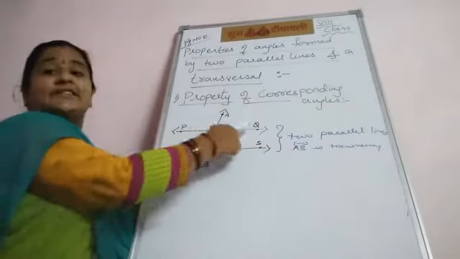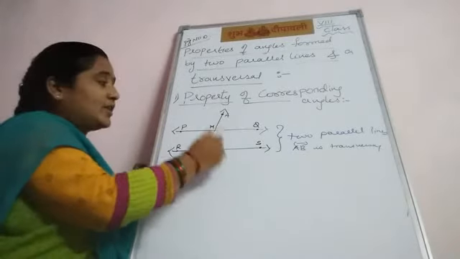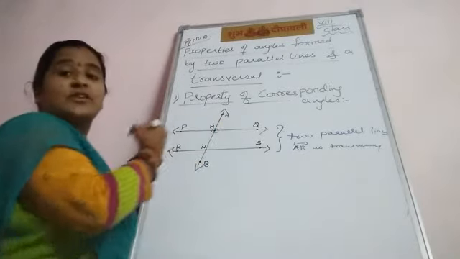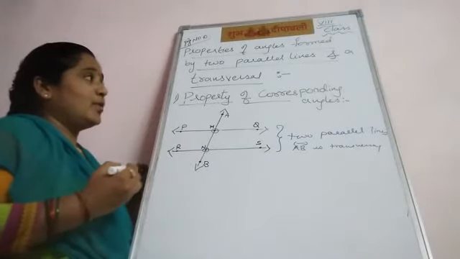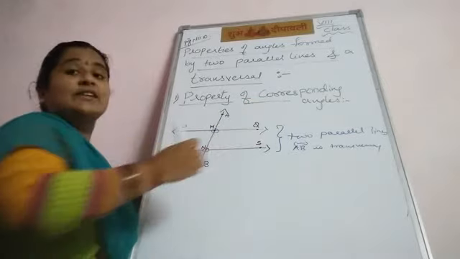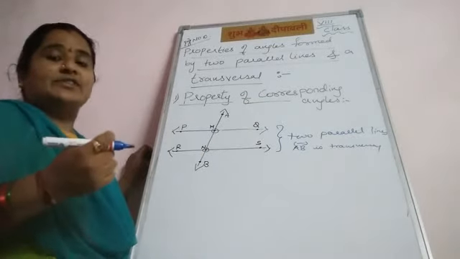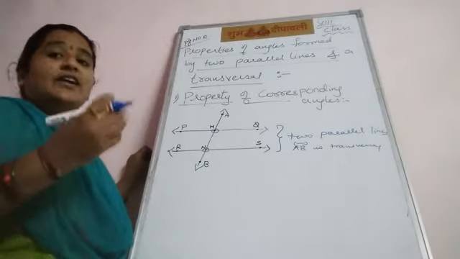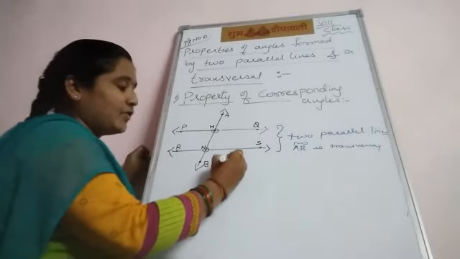It intersects the two lines, line PQ and line RS, in two distinct points. Point M and point N are the two distinct points. In the before video, corresponding angles we can write four pairs. But here the two lines are parallel lines, so the angles are congruent. So we are going to write four pairs.